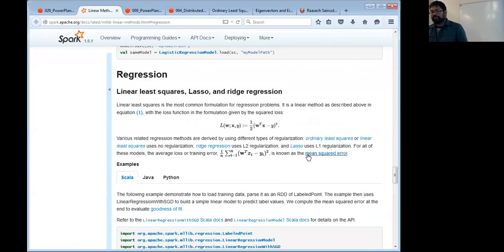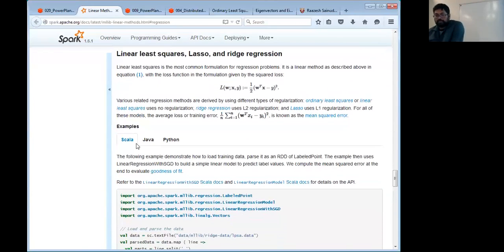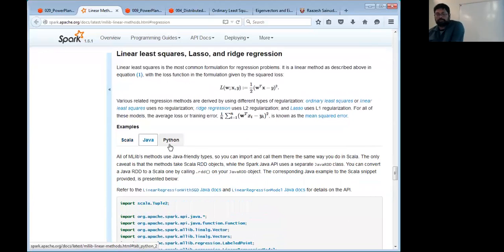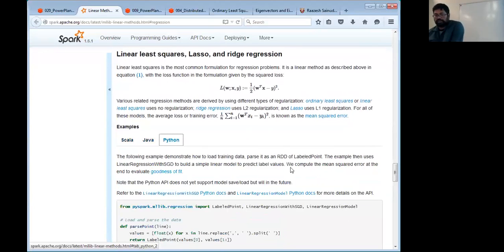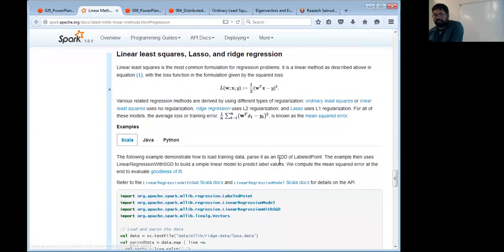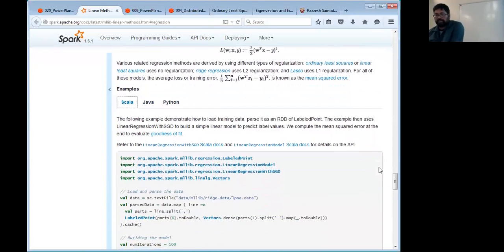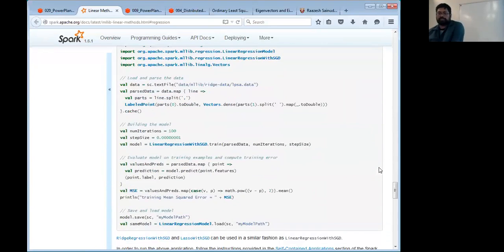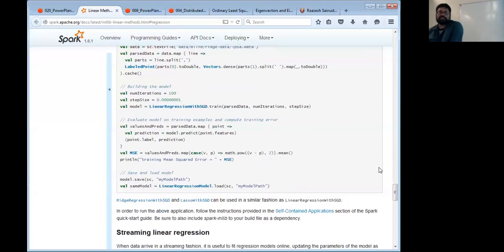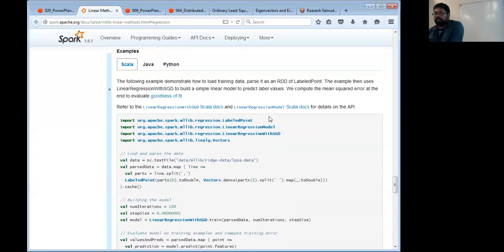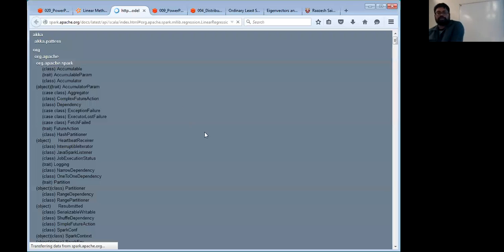But there are others as well, lasso for L1 regularization, and ordinary least squares and so on. You can switch between Python, Scala or Java, and it gives you examples of what's going on. This is where I usually start from. And then I think we may have to go here for details.